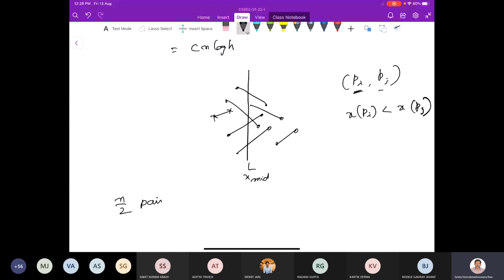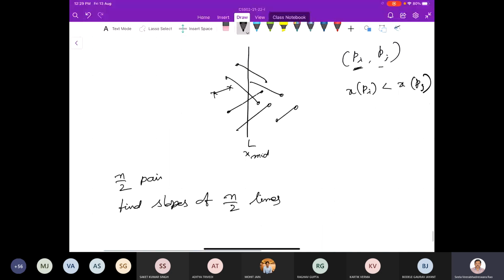Now what will we do? You find the lines passing through these pairs. Basically, you find the slopes of these n by 2 lines defined by these n by 2 pairs. Now take the median of all these slopes.